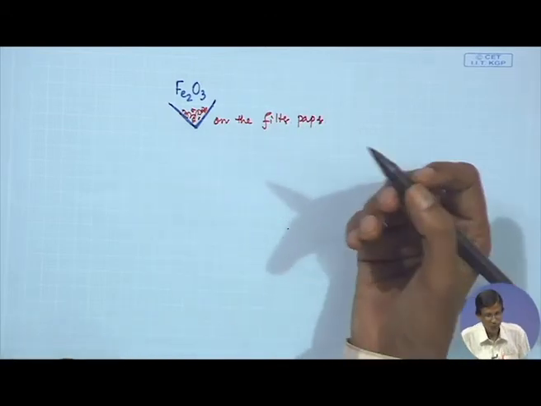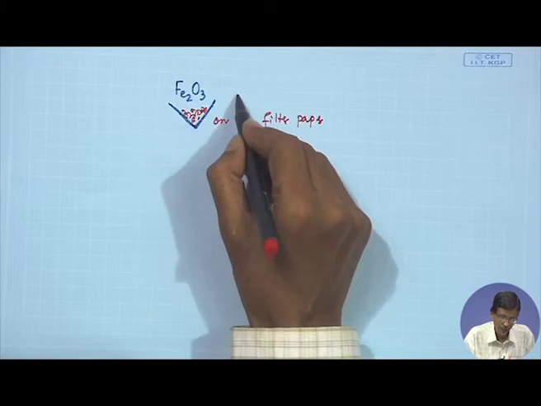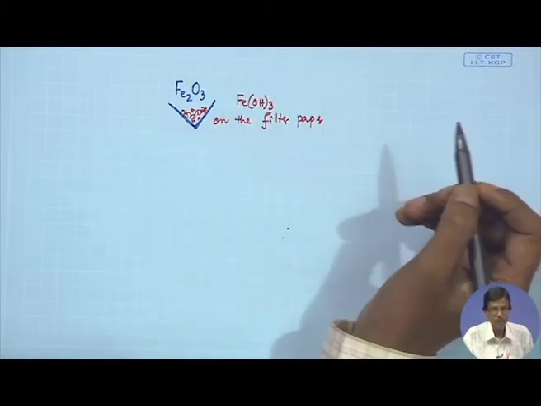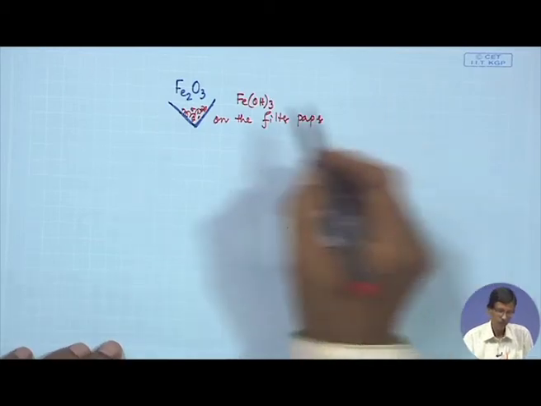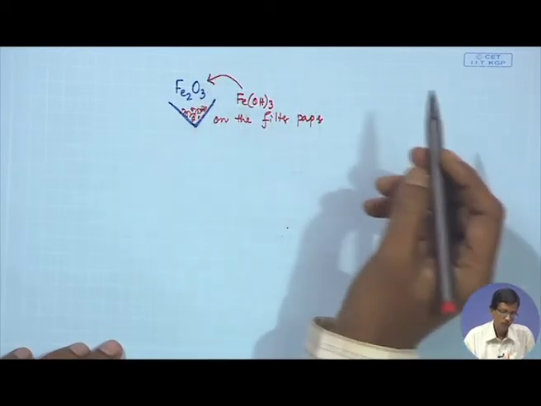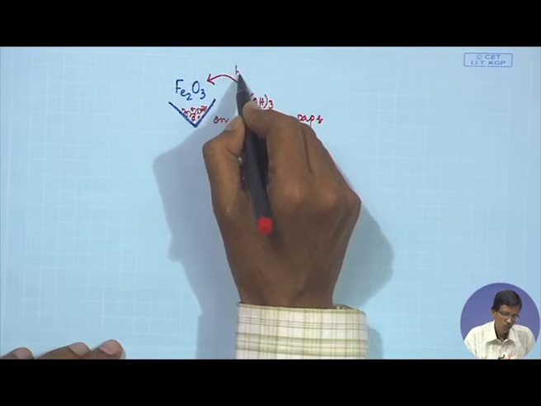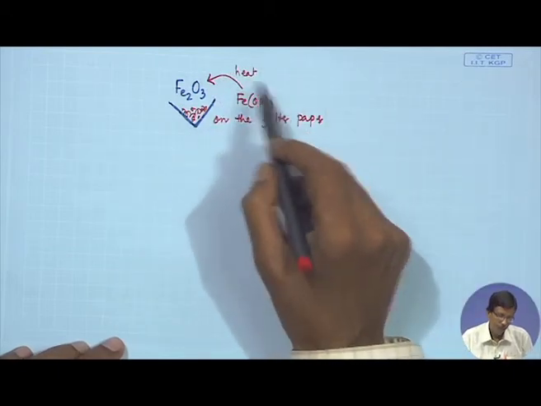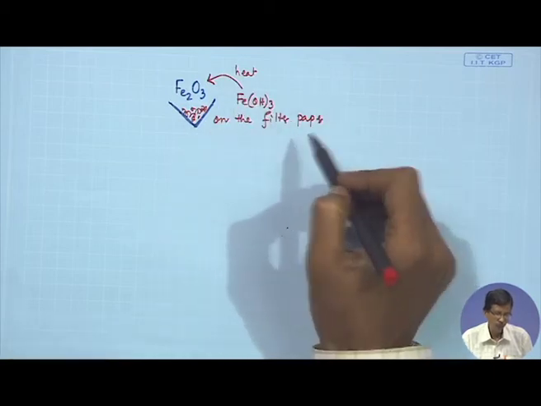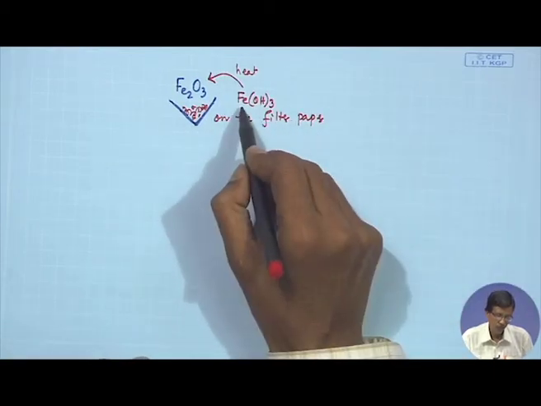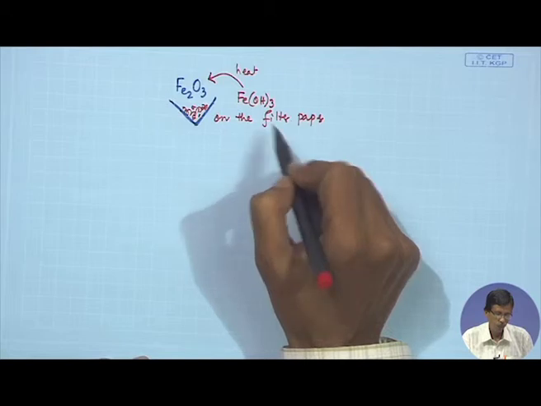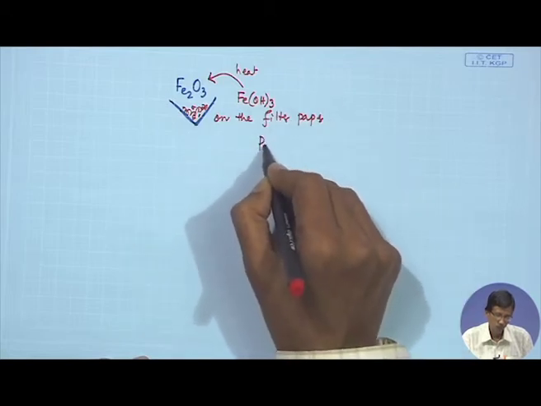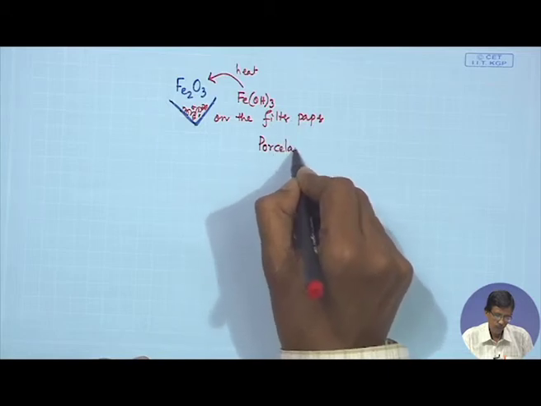This is the brown ferric hydroxide, Fe(OH)3, and we want to convert it through heat. So, we have to transfer everything, this ferric hydroxide along with the paper, to a porcelain crucible.